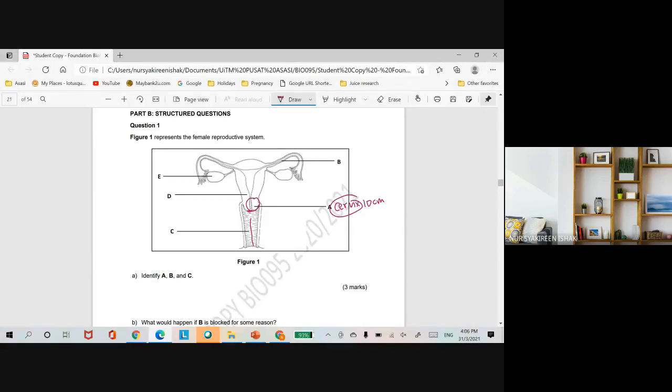And then for the cervix, when you are pregnant, in this region here, dia akan ada secretion of mucus untuk plug, kan? So this mucus dia bertindak sebagai plug to prevent invasion of foreign pathogens from entering into the uterus.